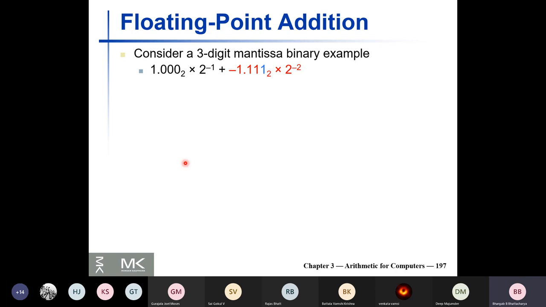So which one I'm going to do? You have 2 options. So this is a question here, which one I am going to change, the bigger exponent one or the smaller exponent one. Is the question clear to you?